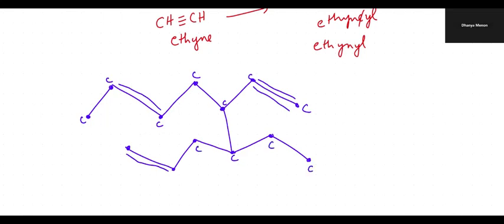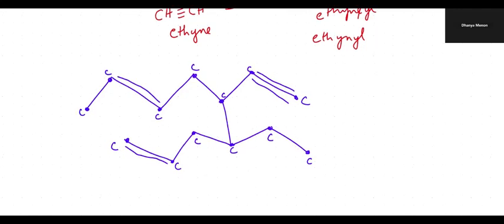So we have to number it in such a way that we get the longest chain as well as include the maximum number of double and triple bonds, and also the double and triple bonds get the lowest number. Okay.